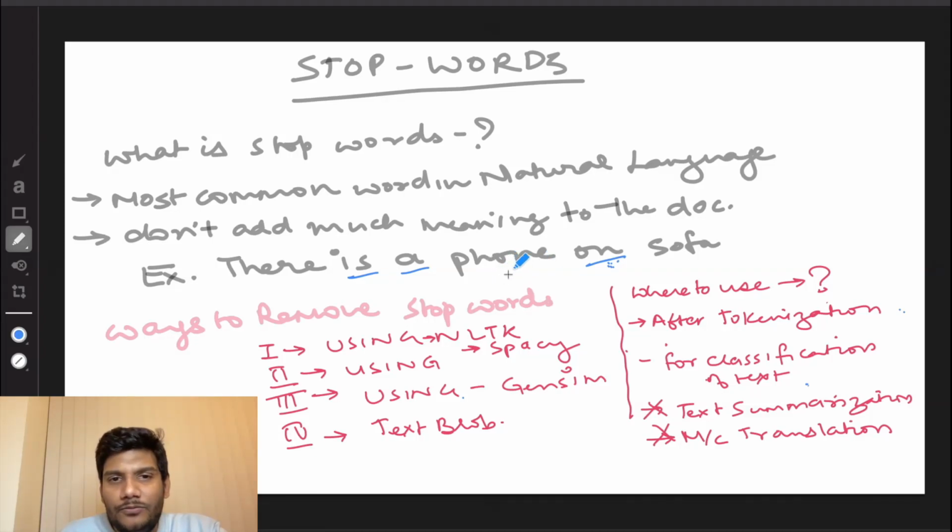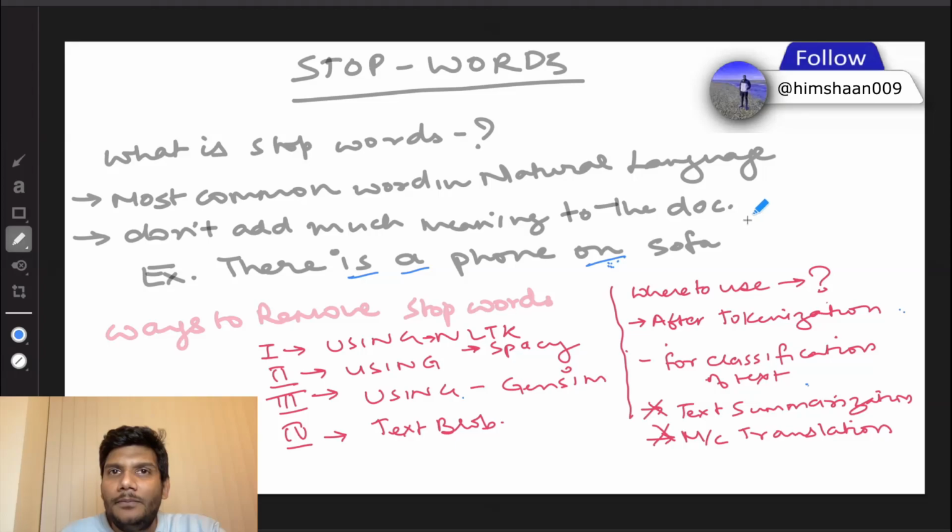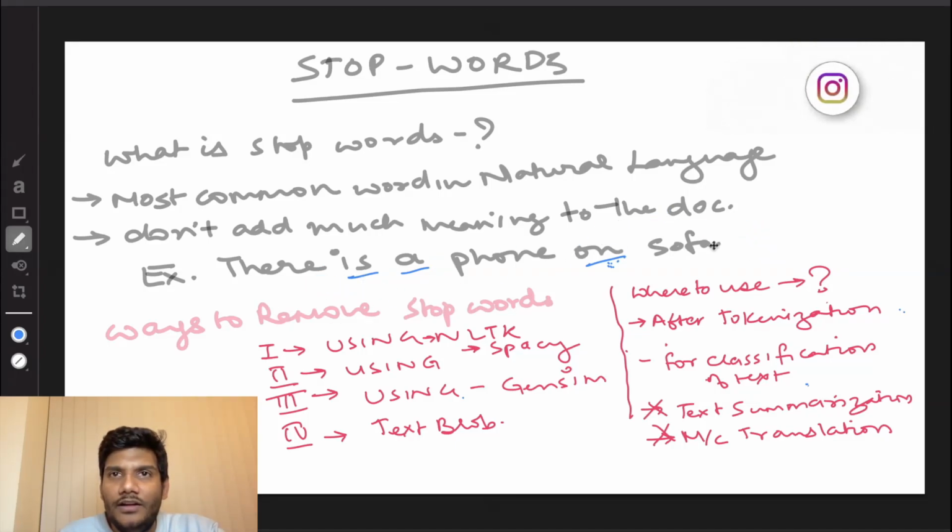For example, if I remove phone, we will be left with there and sofa, right? So probably if I only use these two words, there sofa, maybe I just mean to say that there is a sofa. But my actual sentence was that there is a phone on sofa.